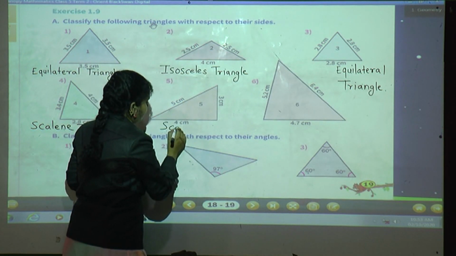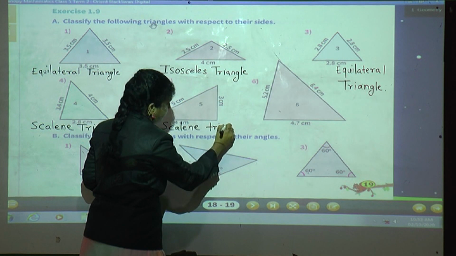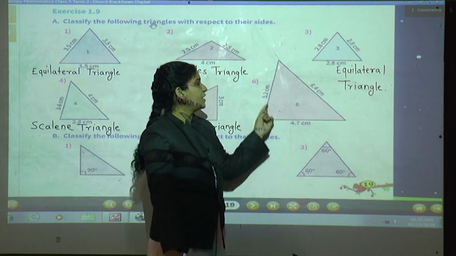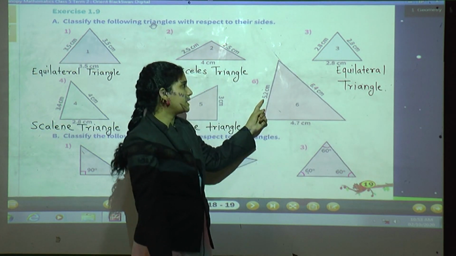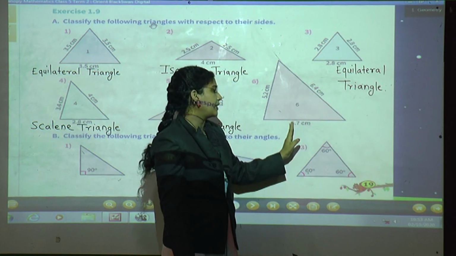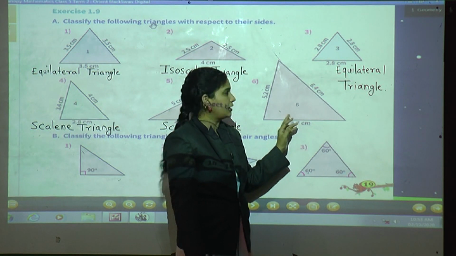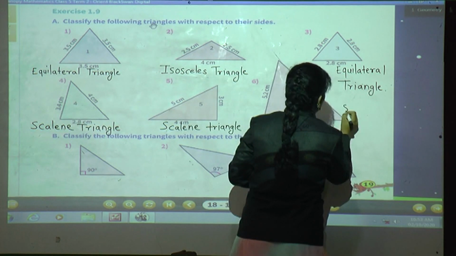Scalene triangle. And the last one, here one side is 5.2 centimeter, second one is 6.4 centimeter and third one is 4.7 centimeter. So the type of triangle is, very good, scalene triangle.